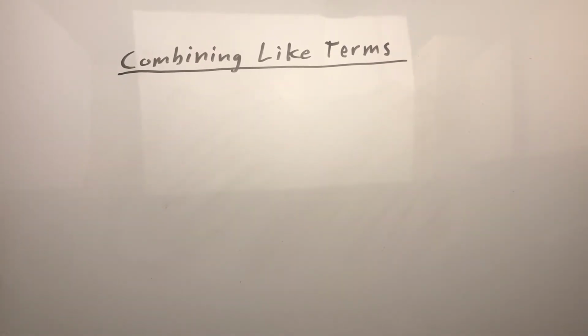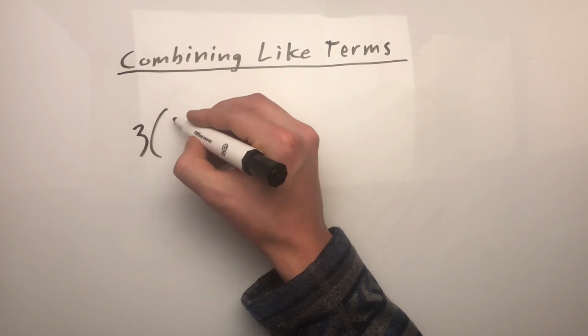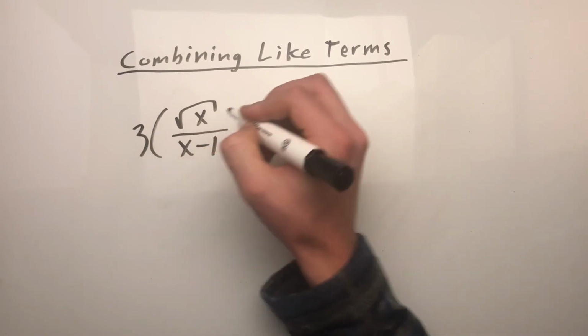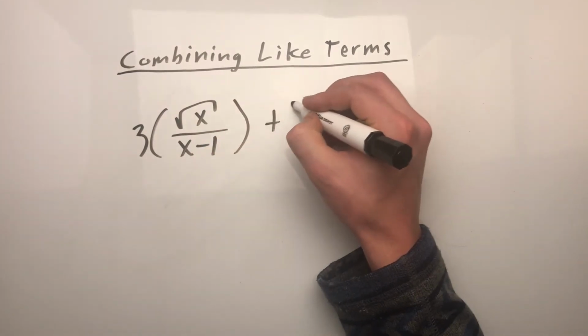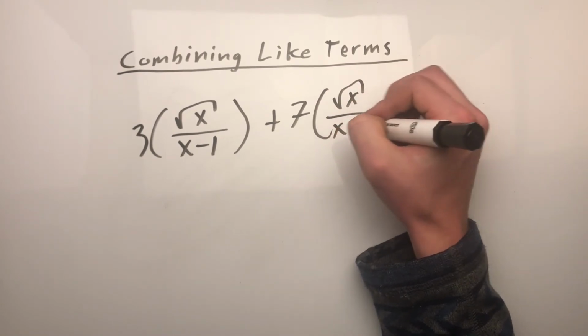Now this rule of combining like terms can work with any kind of term, whether it's an x, a y squared, or an x squared. However, whole algebraic expressions can also be their own terms. So if we have something like 3 times the square root of x over x minus 1, plus 7 over the square root of x over x minus 1.